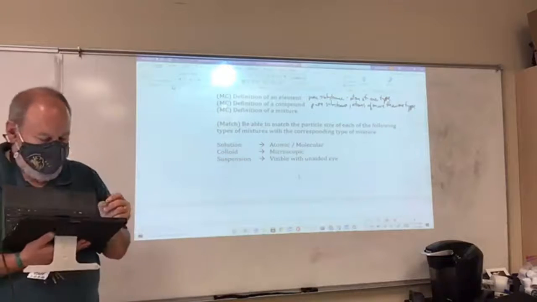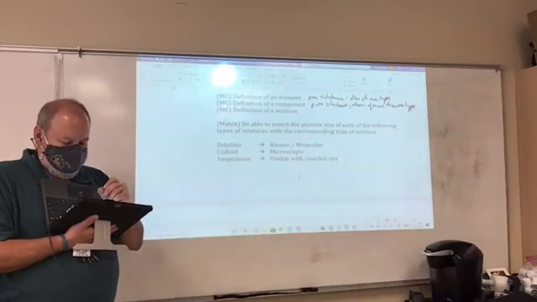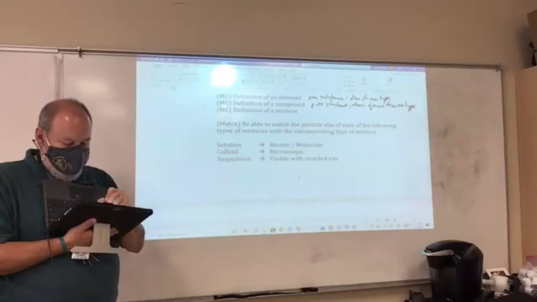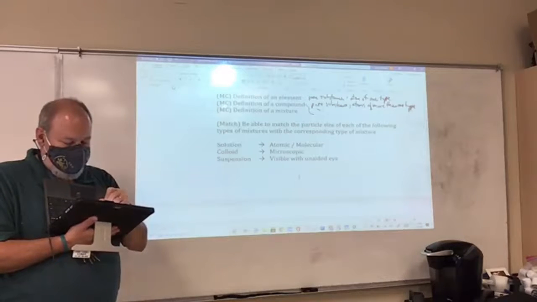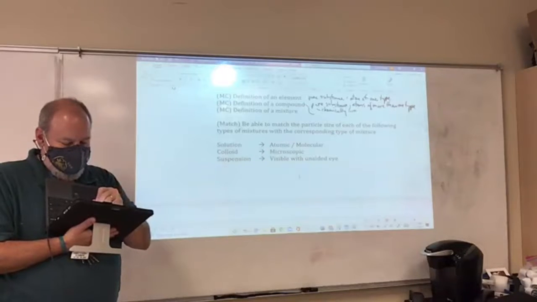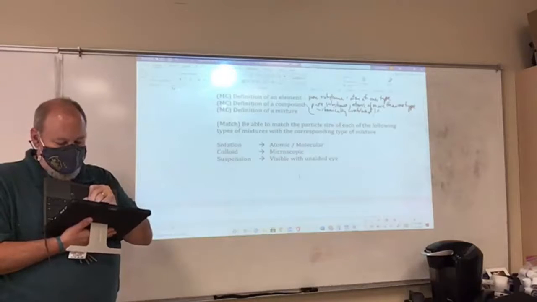Okay. Definition of a mixture. No, atoms of more than one type, and also for a compound, chemically combined in consistent ratios.